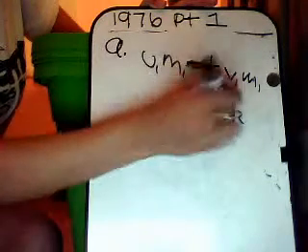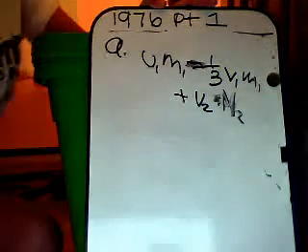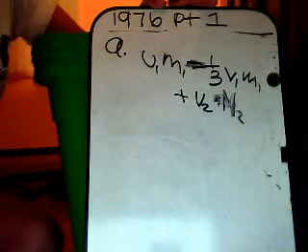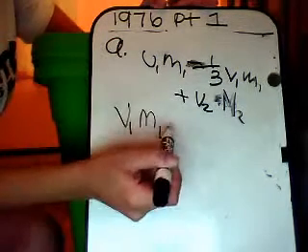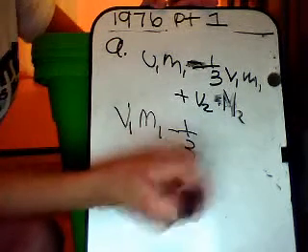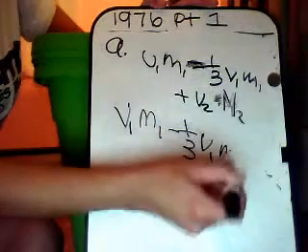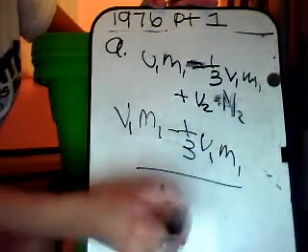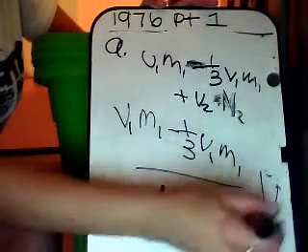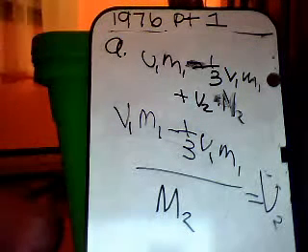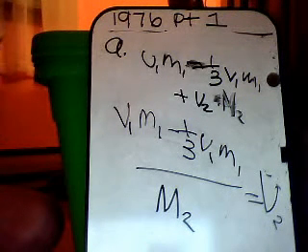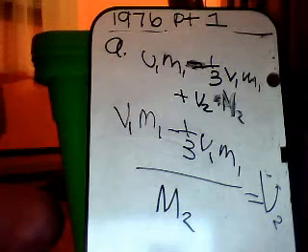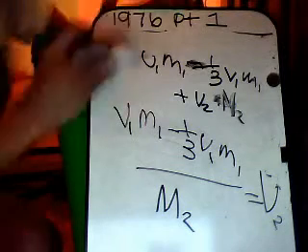This is capital M. And you want to get it in terms of V2 because you're finding the final speed of block M, so rewriting the equation is V1 M1 minus 1/3 V1 M1 over M2 equals V2. And it's 1/3 V1 because the problem said that the bullet emerges from the block with a velocity of v naught over 3.